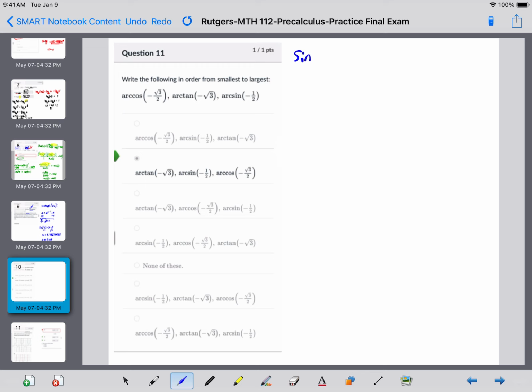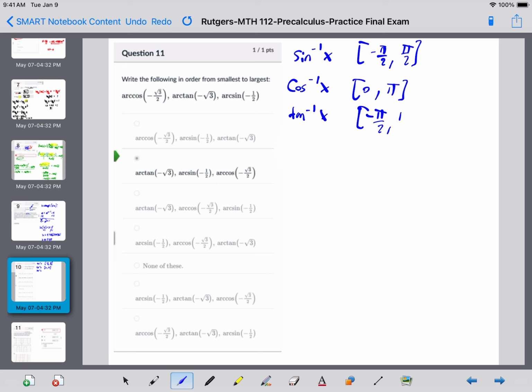If you have arcsine, arccosine, and arctangent, or the inverse of those, the range for sine is going to be negative pi over 2 to pi over 2. For cosine, it's 0 to pi. And for tangent, it is the same as sine, negative pi over 2 to pi over 2.